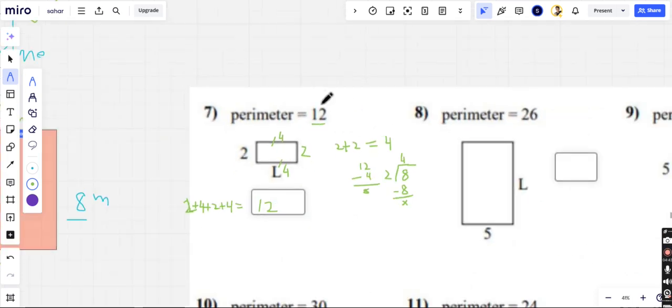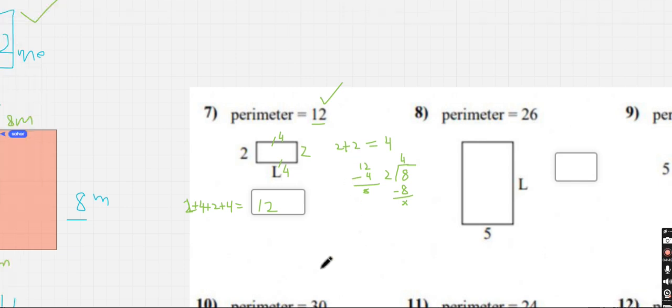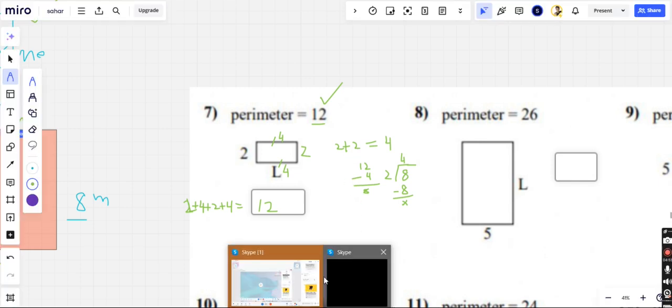Understand? We get the same perimeter. Understand? Can you practice question number 2?